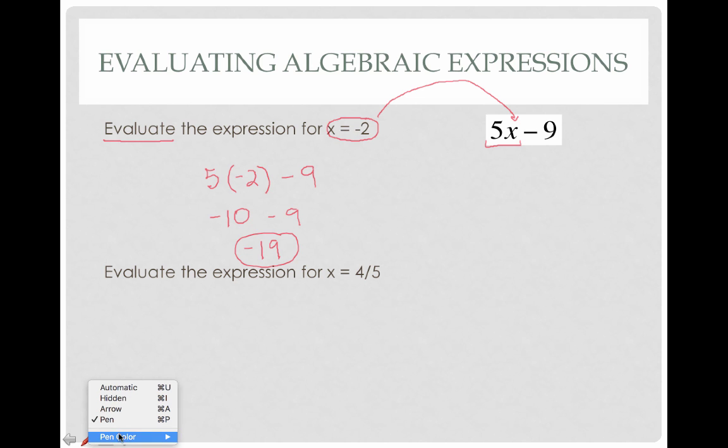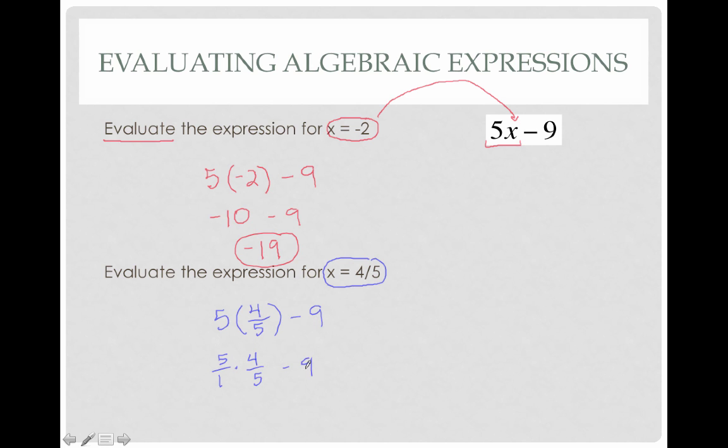Now let's do the same thing again, but this time let's do it for a different number. Let's do it for x equals 4/5. Same thing, same expression. So 5 times 4/5. I'm going to replace x with 4/5 minus 9. Okay, what does that equal? 5 times 4/5, so I can think of that as 5/1 times 4/5 minus 9.